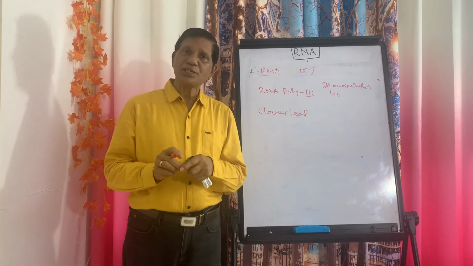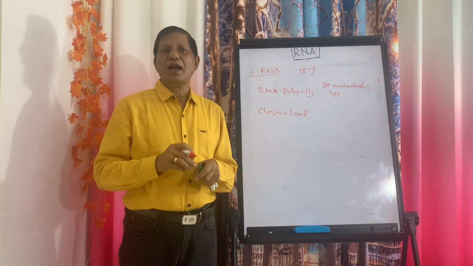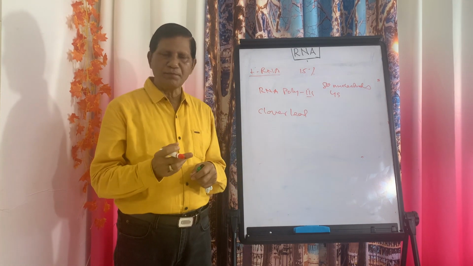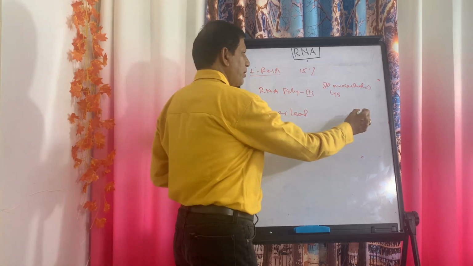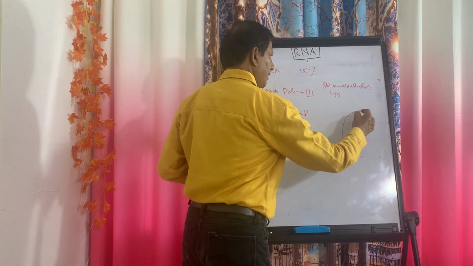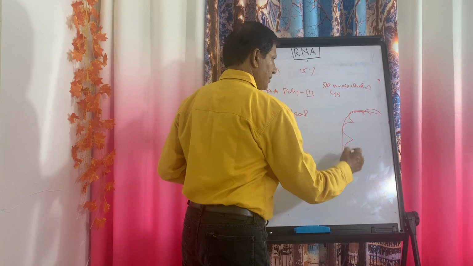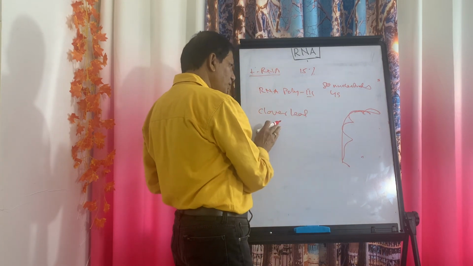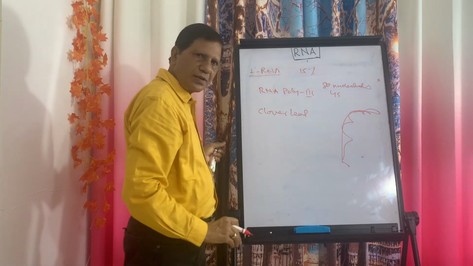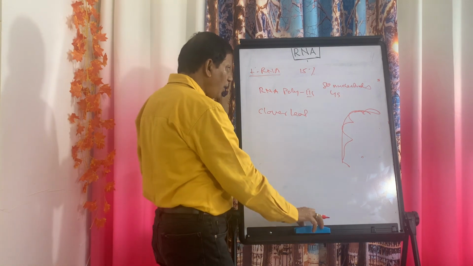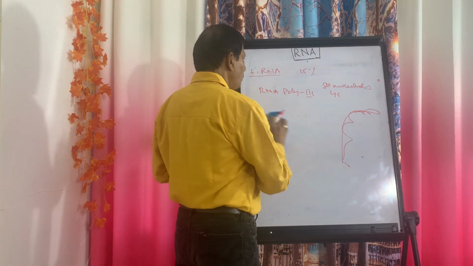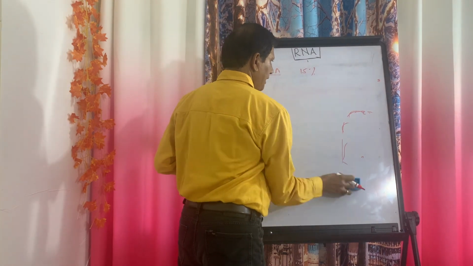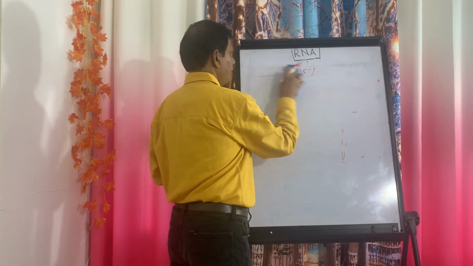But the three-dimensional tertiary structure, given by Kim, looks like an inverted L shape. In two-dimensional form it gives a cloverleaf structure. So let us see how this cloverleaf structure looks. That is very important from the examination point of view.